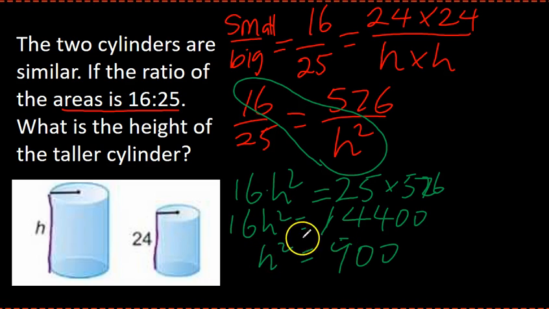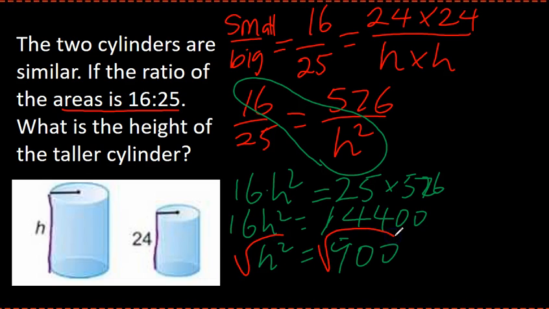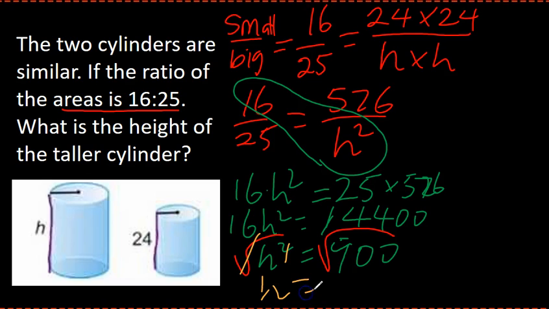Now we are solving for h, not h squared. Remember when we did the Pythagorean theorem, how to remove the square: we take the square root of both sides. So the square cancels out, we have h, and the square root of 900 is 30.